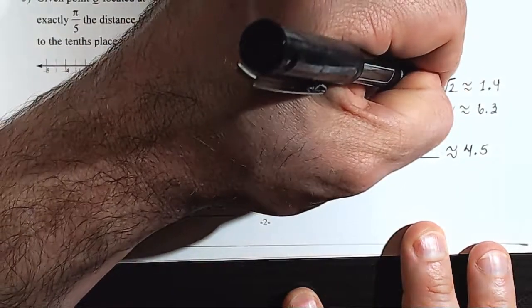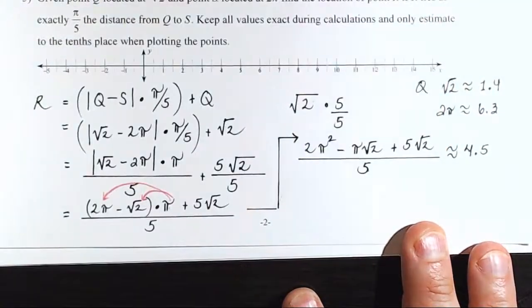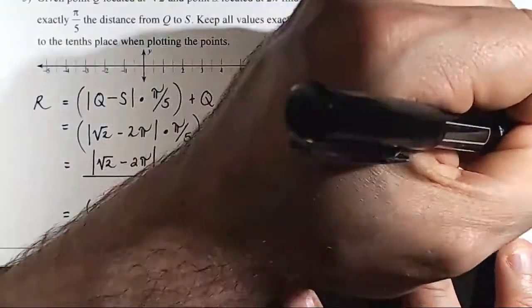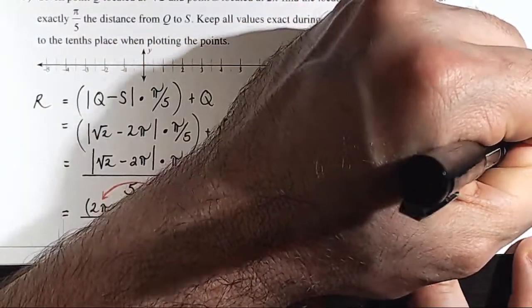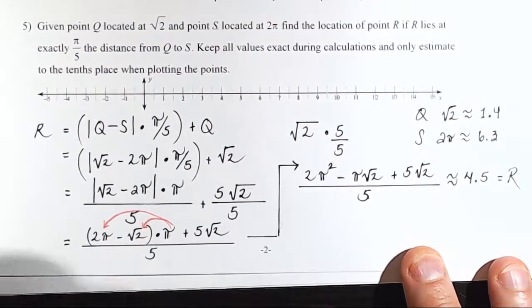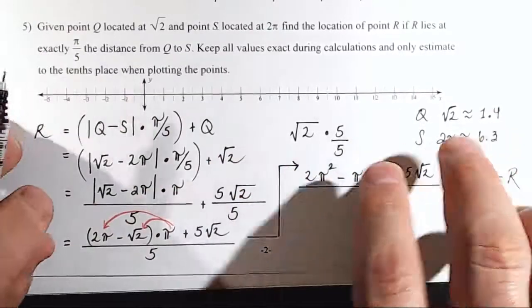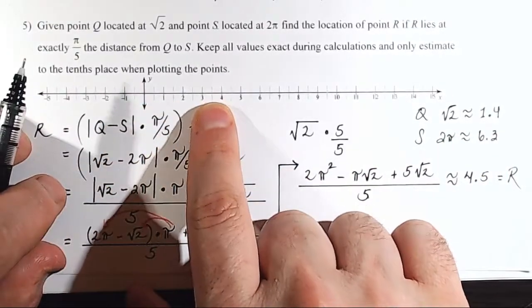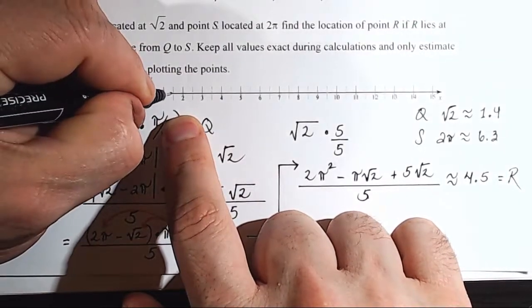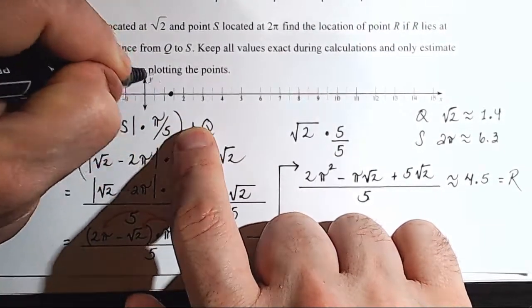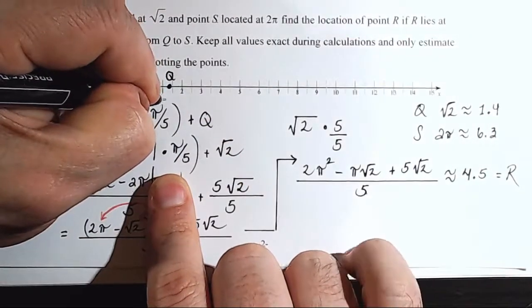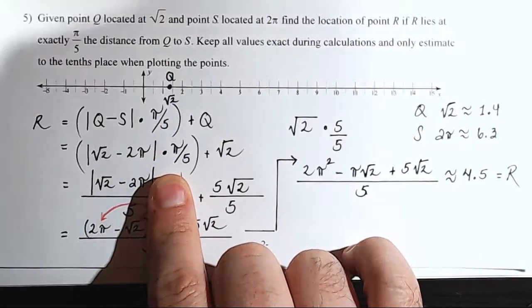This is Q, and this is S, and this should be point R. All right, so let's go and plot the points and see if it looks right. So Q is at 1.4, about right here. So that would be Q. And that is approximately 1.4. We'll just put square root 2.